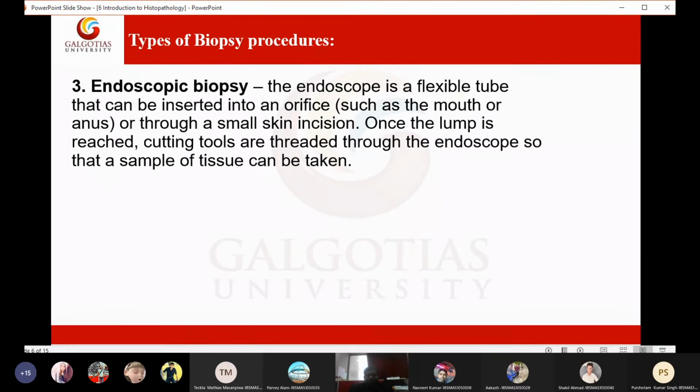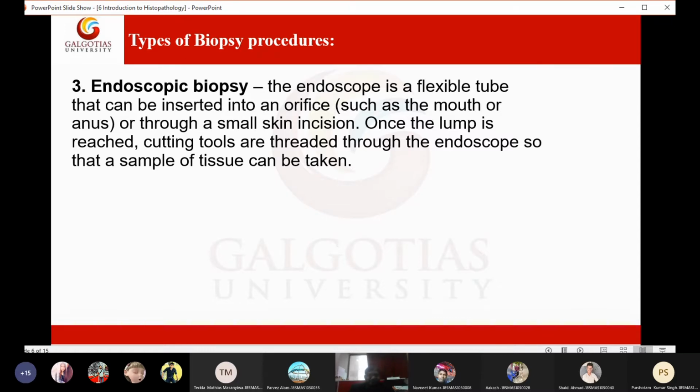Next one, endoscopic biopsy. The endoscope is a flexible tube that can be inserted into an orifice such as the mouth or anus. You can use the endoscope for the nasal cavity, the oral cavity, and also the anus. Through a small skin incision, you can use it for the skin also.